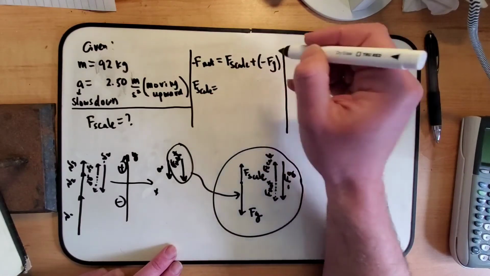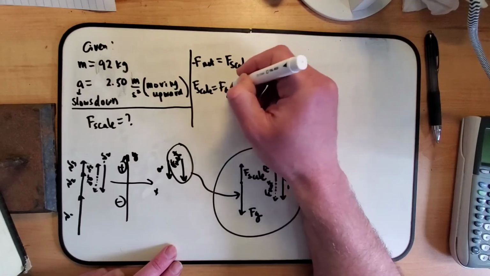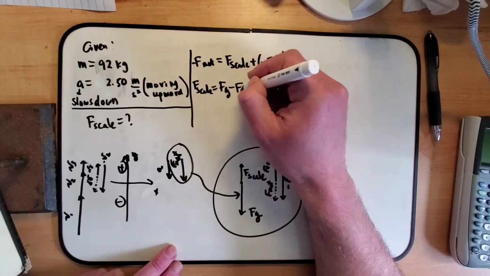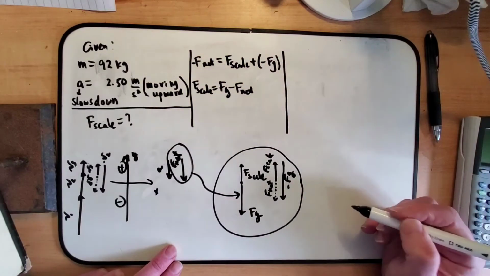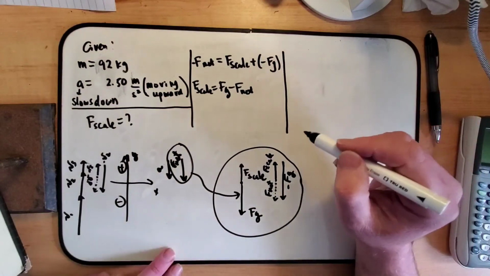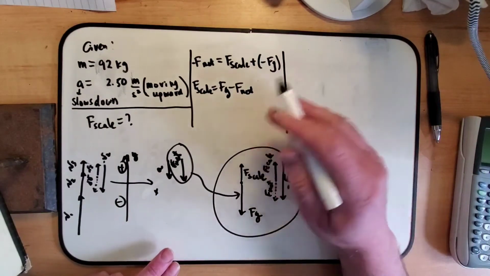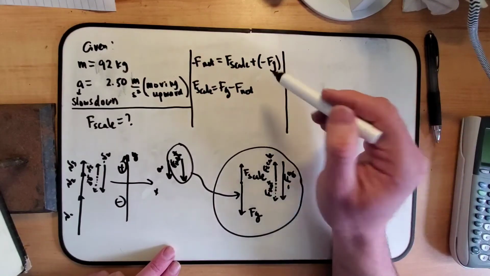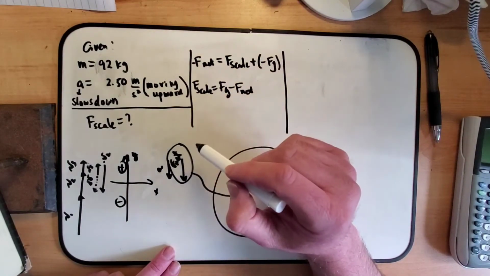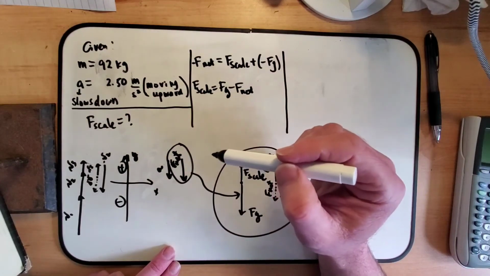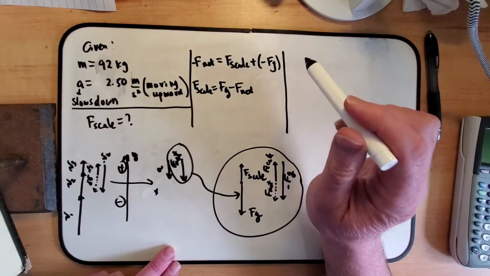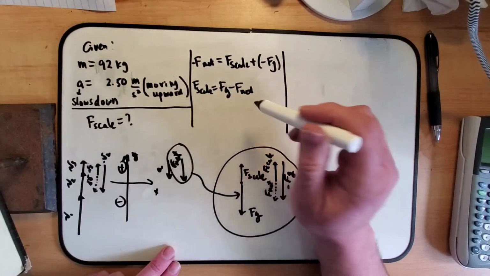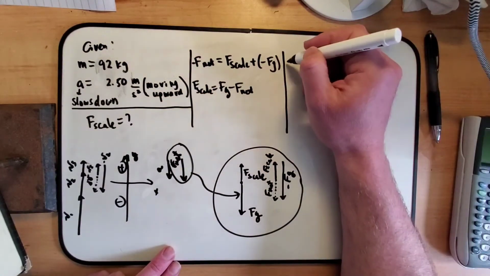That will be equal to F sub g minus F sub net. And again, I just did some real easy algebraic manipulation here. I learned it the way you bring this term to the other side to change the sign. But you can also do it by adding F sub g to both sides, you'll get the same answer here.